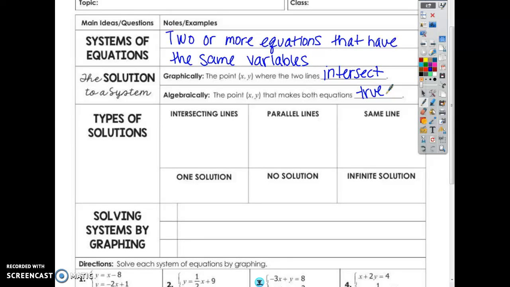So let's talk about the different types of solutions you can have. You can have graphs with systems that have intersecting lines. What do intersecting lines look like? Right, they cross. They look like an X. So you're going to draw your intersecting lines. They should cross somewhere.